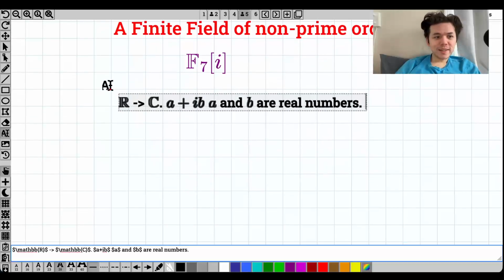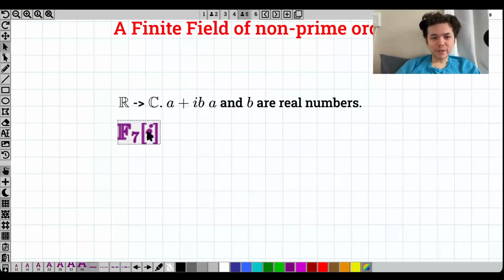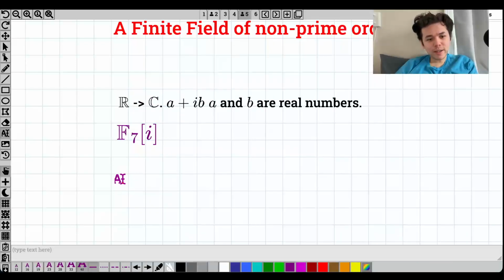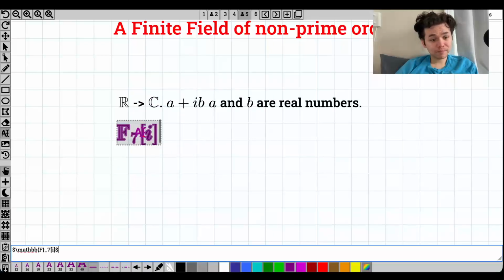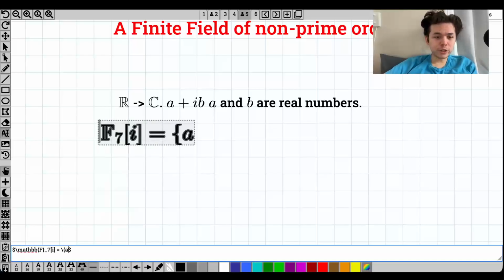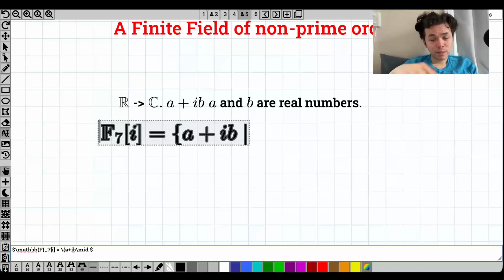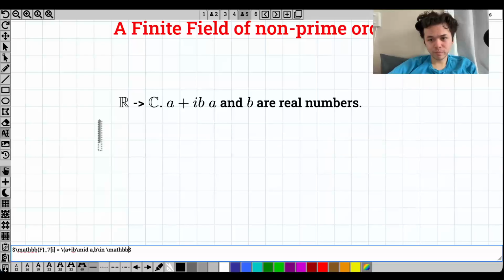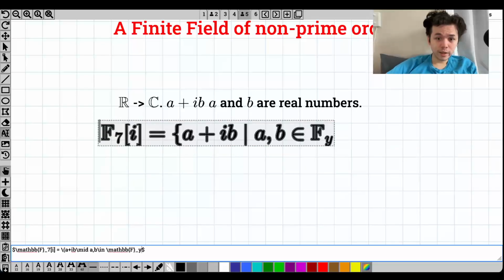We can do exactly the same with the integers mod 7. And so what is F7 of i? I'm going to switch it to black because we're working with these. Well, this is precisely just pairs a plus ib, such that a and b are in this field, which is integers mod 7.